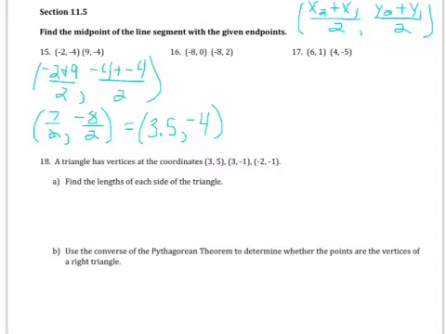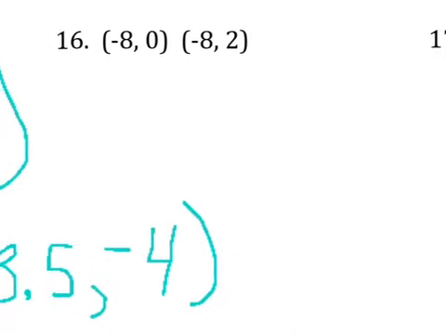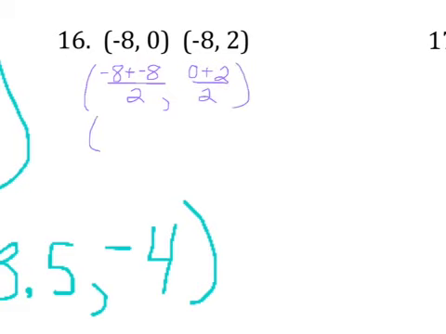For number 16, I'm going to zoom in a little bit so I have a little bit more room to write. We have negative 8 plus negative 8 over 2 and 0 plus 2 over 2. So that gives us negative 16 divided by 2 and 2 divided by 2. So our midpoint is at negative 8 comma 1.